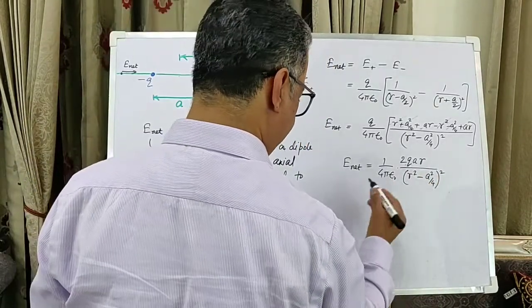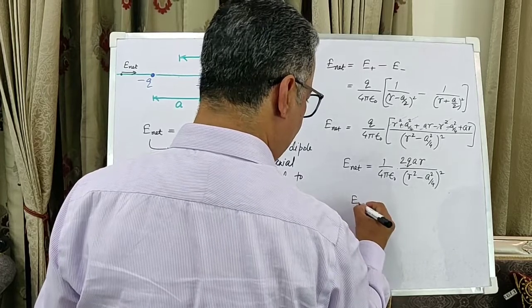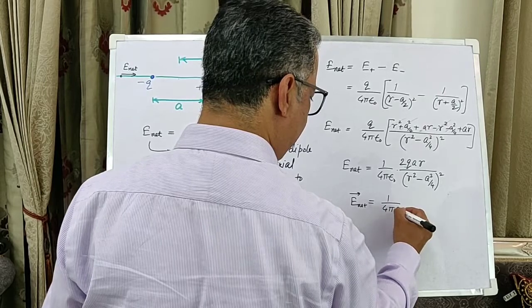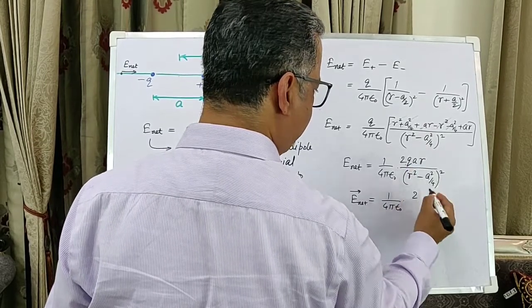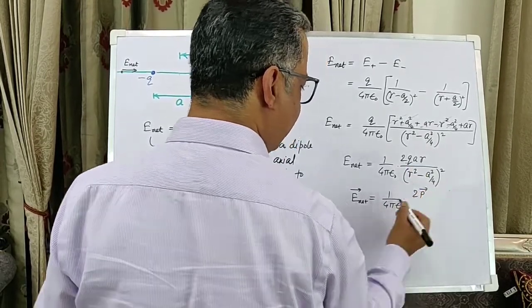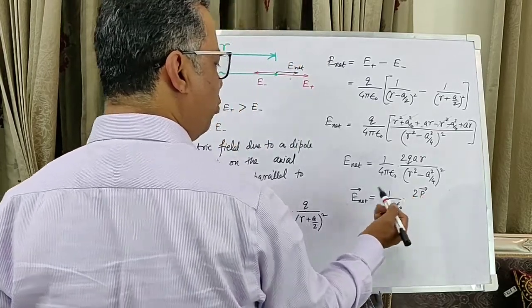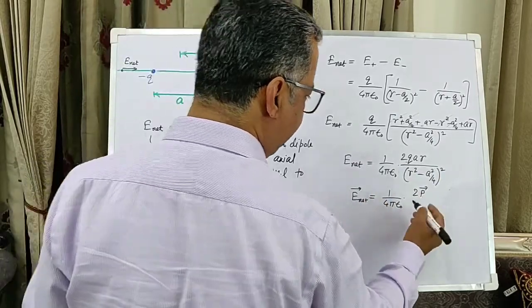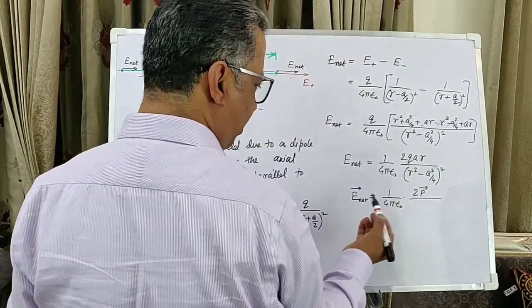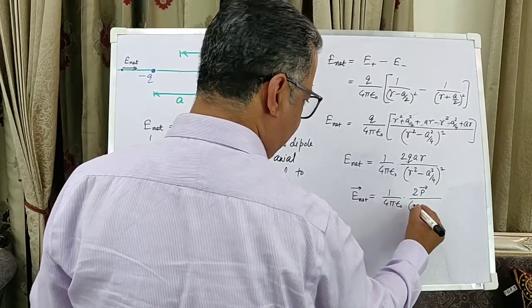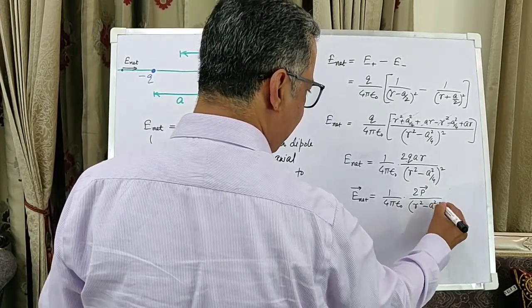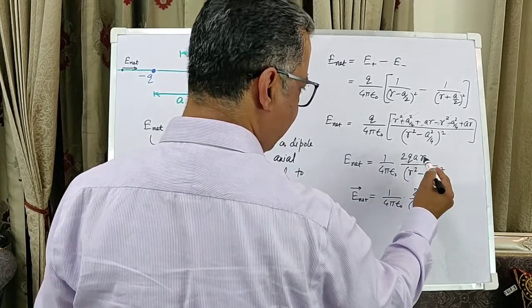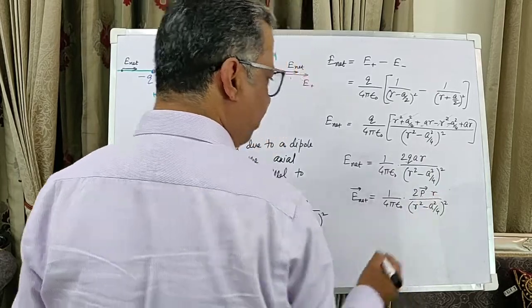Now this qa is the dipole moment, so E net is equal to 1 by 4 pi epsilon naught 2 times qa, which is p, and since the directions of net field and the dipole moment are same, we can use a vector sign here. Now in the denominator we have r square minus a square by 4 whole square, and we are still left with this r over here.